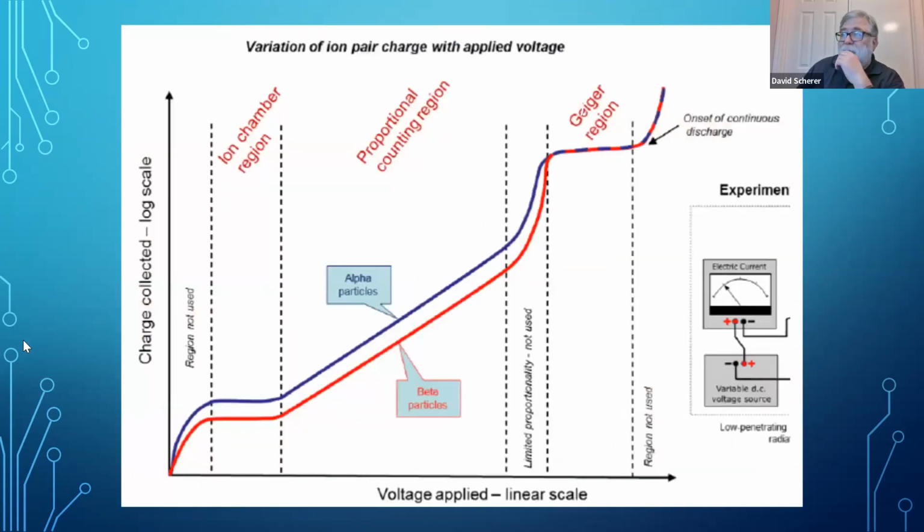Now, in the ionization region, the amount of energy that's being deposited in the detector is proportional to the energy of the radiation that's incident on it. And small changes in voltage don't have a big change in the signal. And so it's very robust and it's reliable.